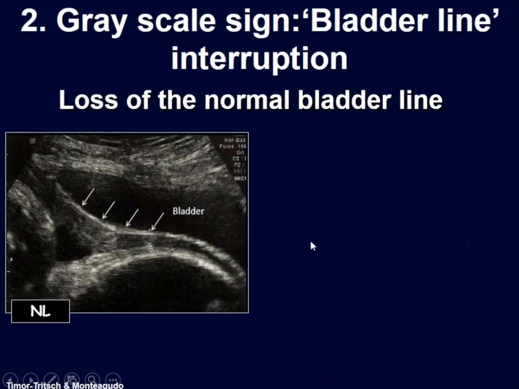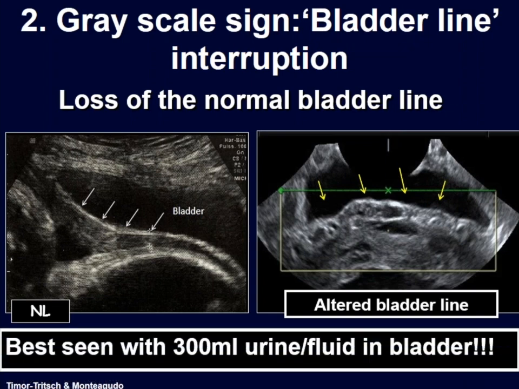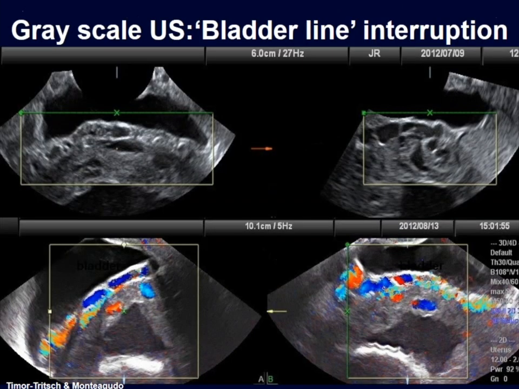Loss of the normal bladder line. This is a normal bladder line, partially above the placenta. Here, the placenta causes an altered bladder line that is clearly seen with at least a little bit of urine in the bladder.